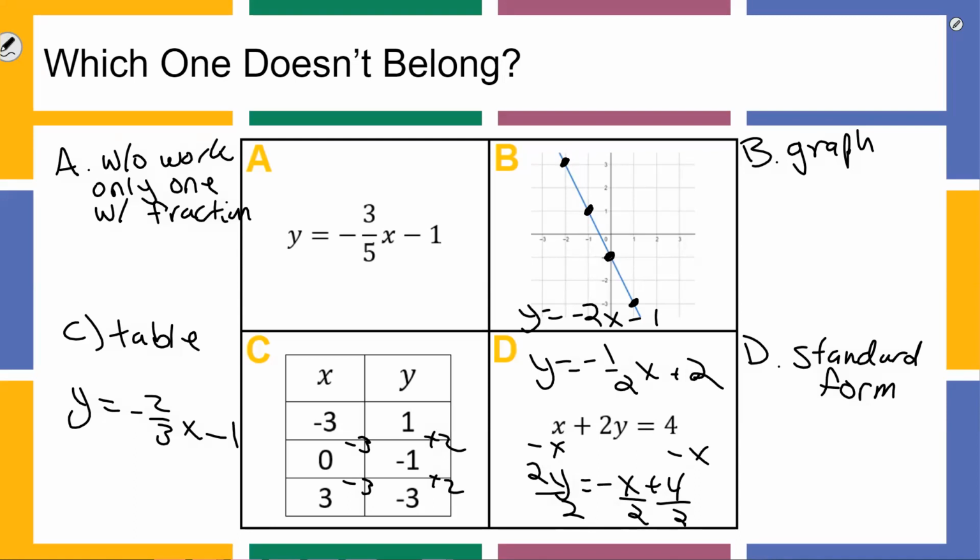Now, if we're looking at all of the equations, which one doesn't belong and why? Russell, did you do that one? Sure. Why? Here, all the other y-intercepts are -1. D is the only one that has a y-intercept of 2. Any others?